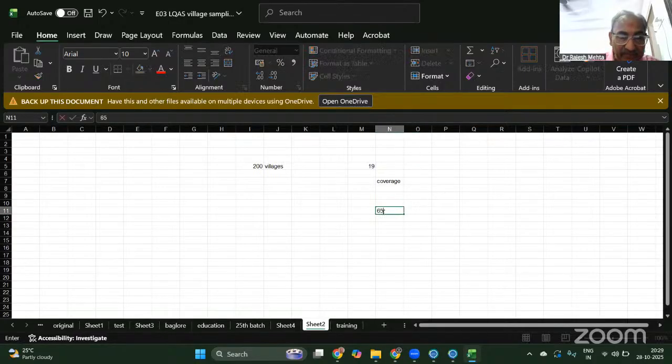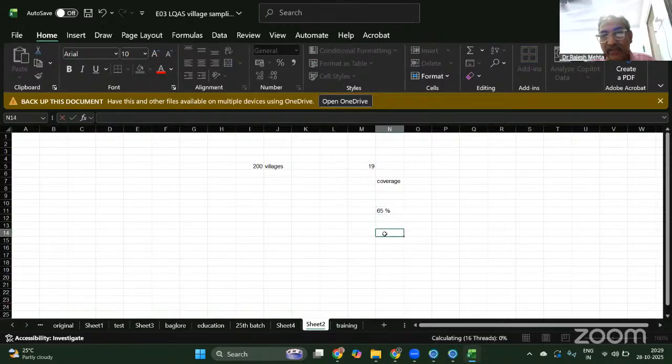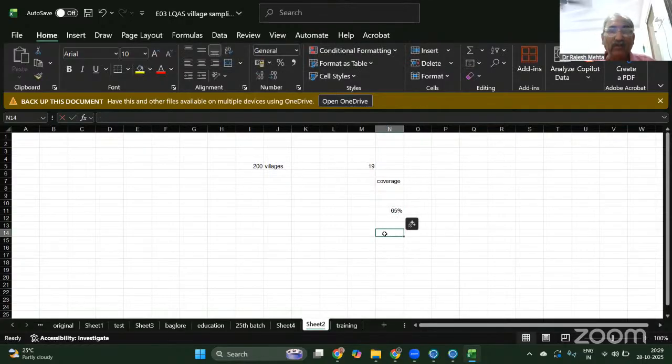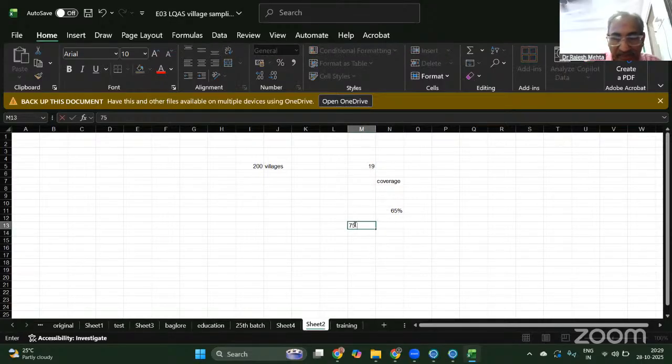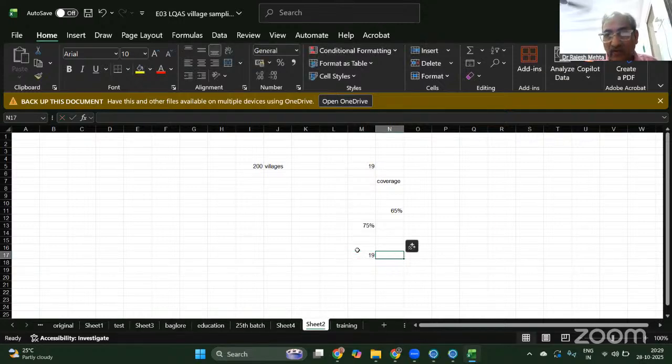That the coverage was 65%, this is not possible to calculate, but you can say whether 65% was there or not. The government says that 75% coverage was there. By testing just 19 beneficiaries, and finding out whether 12 were covered or not, from that you can find out whether 75% coverage was there.